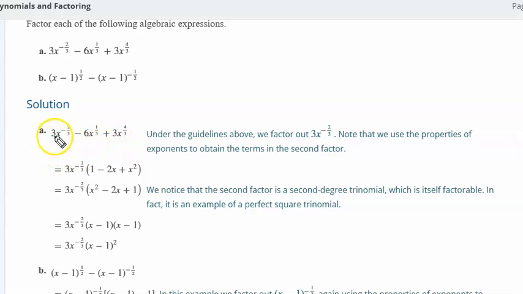So is there a common factor in each one? And the answer is yes. You could factor out of each one of these, and it's dealing with fractions, 3x, and then the x is to the negative 2/3 power. Now when you do that, you get this.